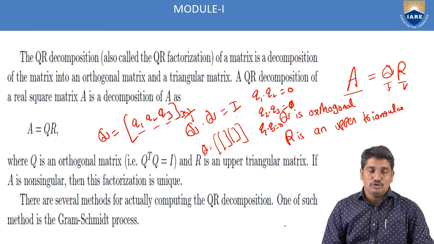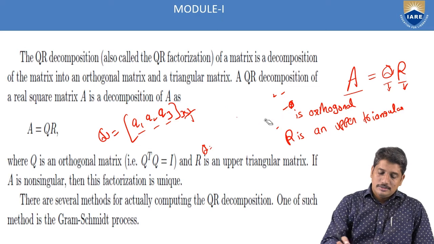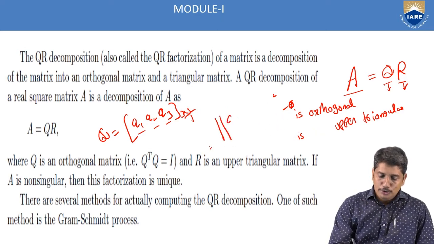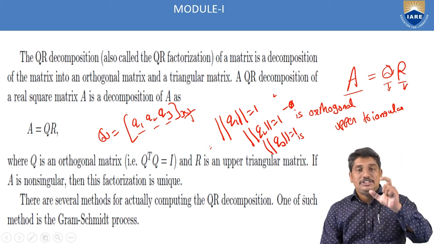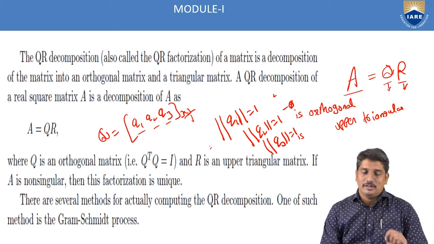That leads to orthogonality. And normality means the norm of Q1 is 1, the norm of Q2 is 1 and the norm of Q3 is 1. That means each vector Q1, Q2, Q3 is of unit size, unit vectors.